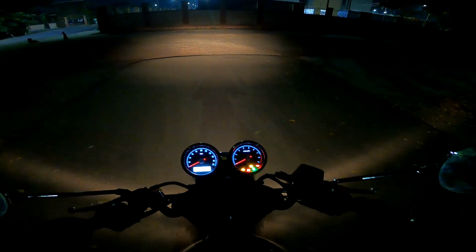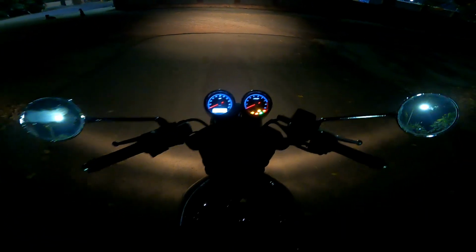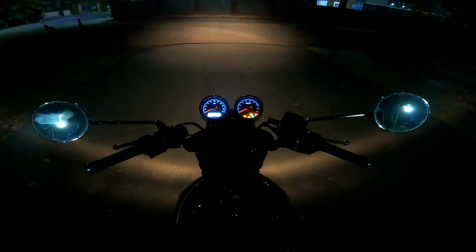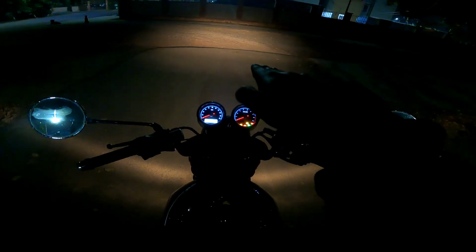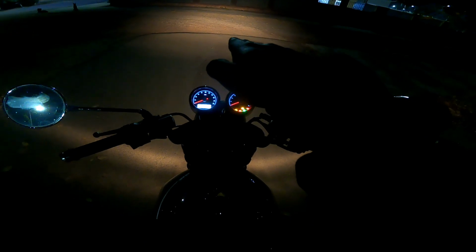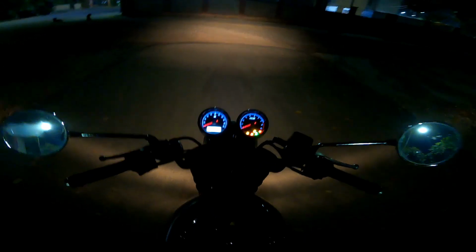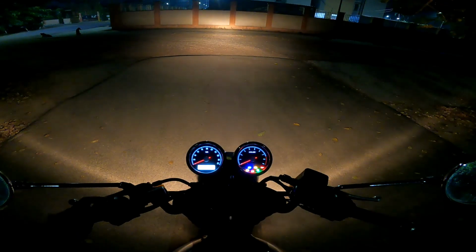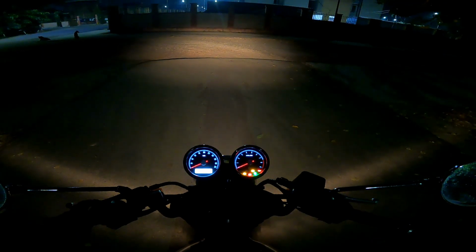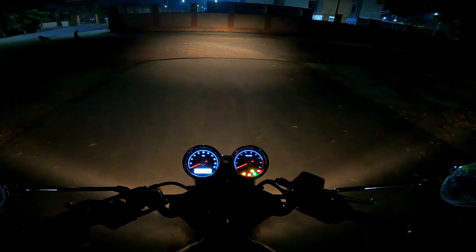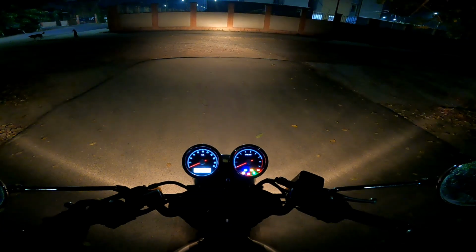So that's low beam, and please do keep in mind that right now this is a slight downward slope. So this is low beam, high beam, low beam, high beam.